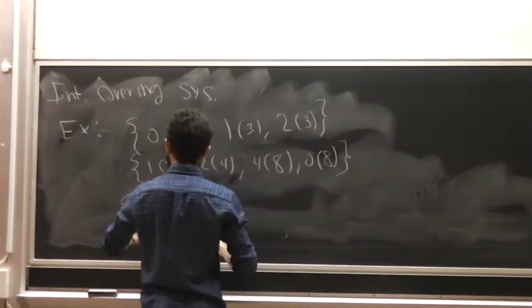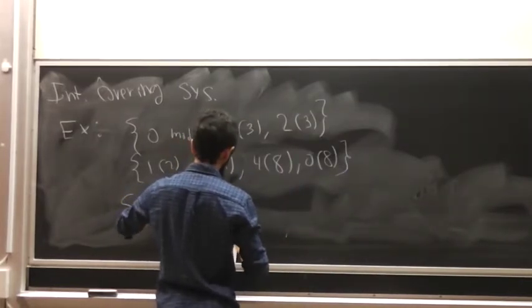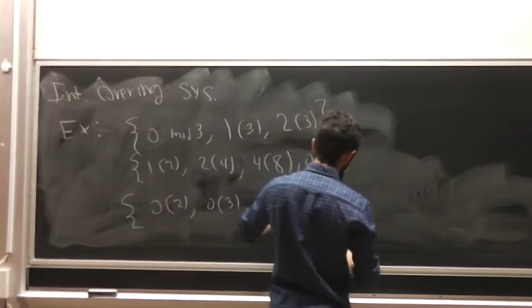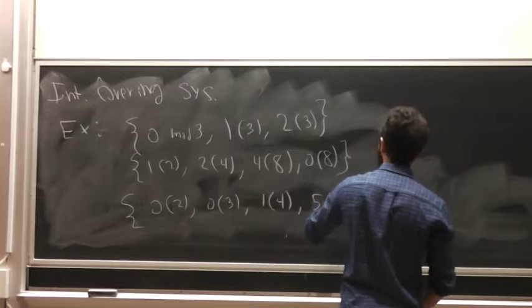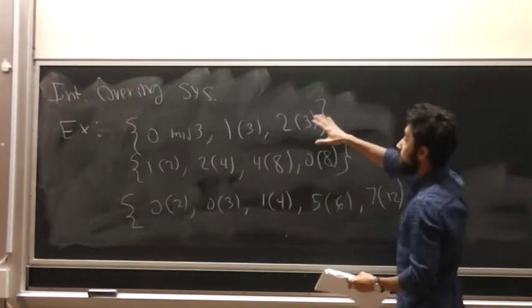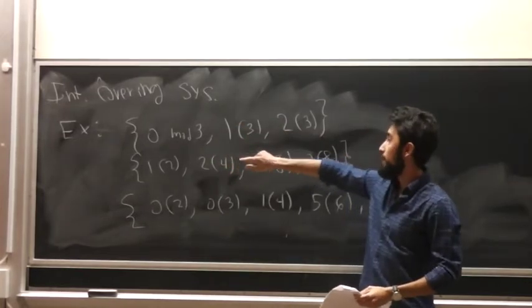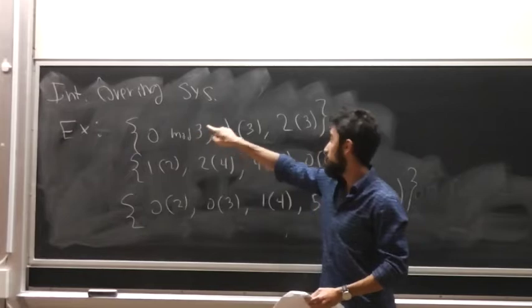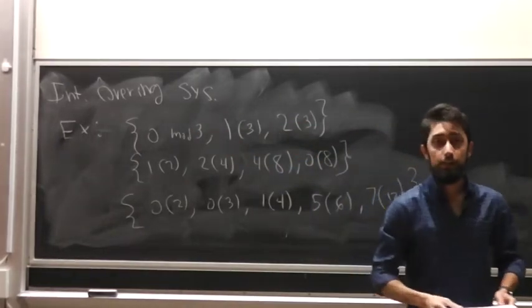And one more: you could have 0 mod 2, 0 mod 3, 1 mod 4, 5 mod 6, and 7 mod 12. These are just from Wikipedia. Each of these is an integer covering system because, for example, if you take the first one, any integer is going to be either 0, 1, or 2 mod 3. Any questions about that?